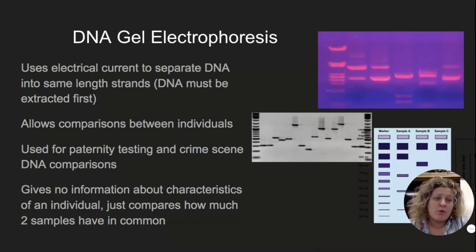It's great for looking at, did this DNA that was left behind at a crime scene match this person? But it doesn't tell us if someone was 6'2" and had brown hair, or has a gene for a particular mutation. To do that, we have to go one step further.